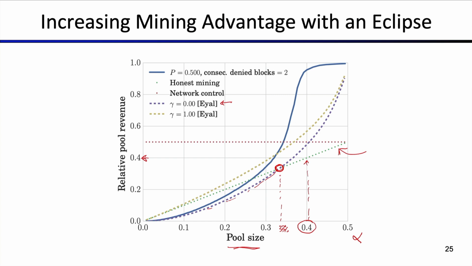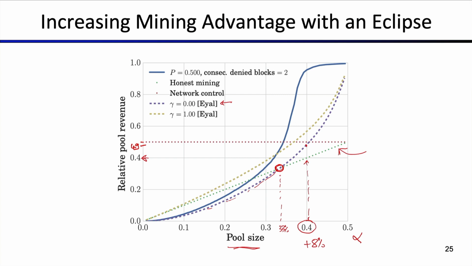If we have 40% of the hash rate, we're here nearly at 50%, so maybe 48, 49% of the entire revenue, which is quite alarming, because this means roughly an 8% increase in the revenue.